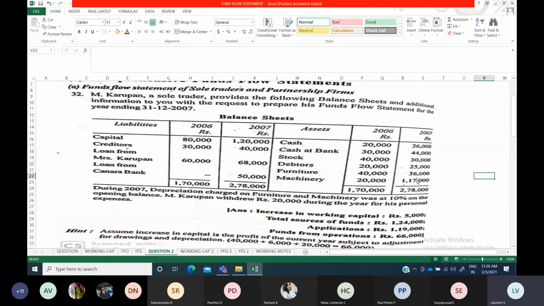You can just compare and find out. But whenever depreciation amount or percentage is given, or additional information, it is better to prepare that concerned asset account, furniture account and machinery account, and find out whether they have purchased further or sold out. Accordingly, you have to take it to the fund flow statement.